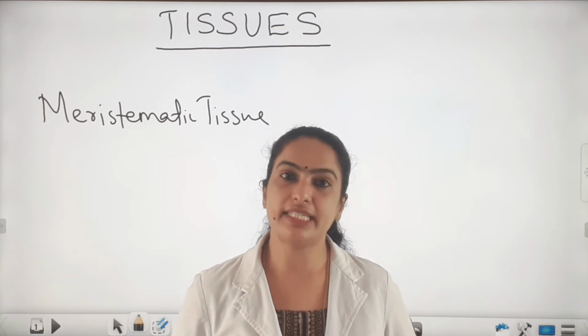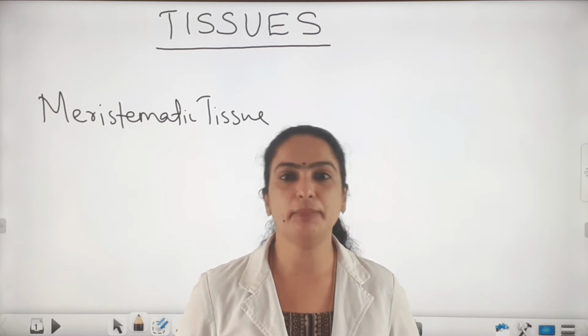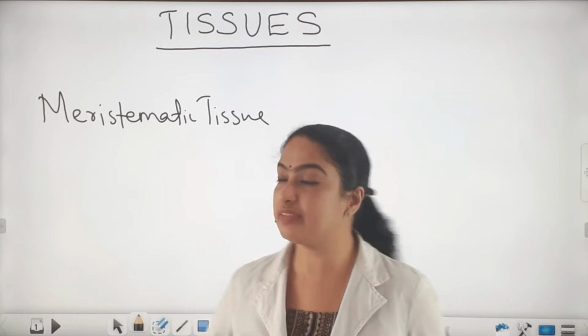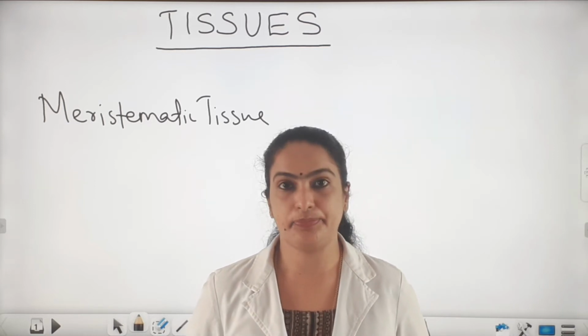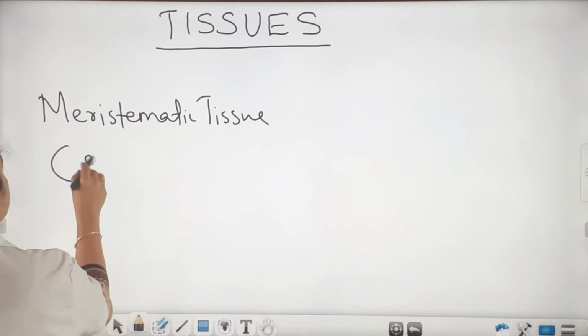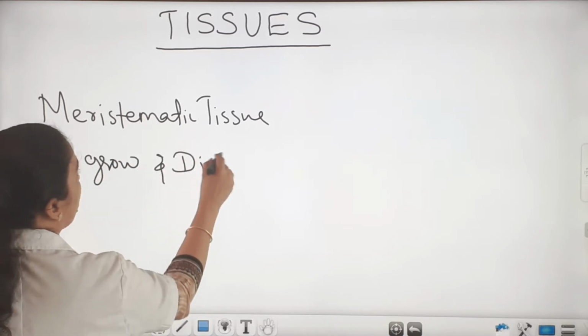It can be seen at the shoot tip and root tip, or at the growing part of the plant body. These are a group of cells, so we can write, they grow and divide.